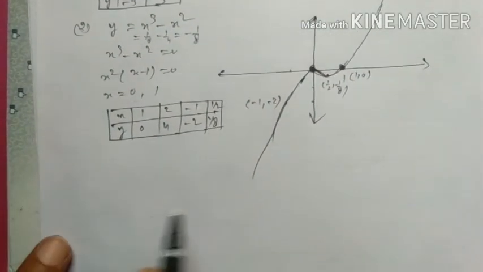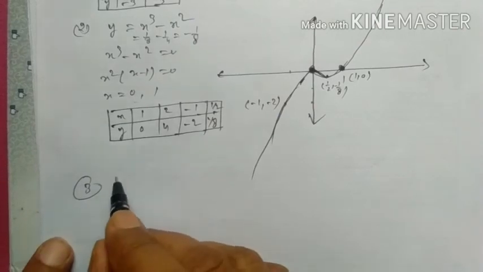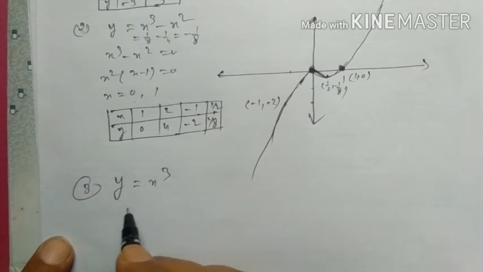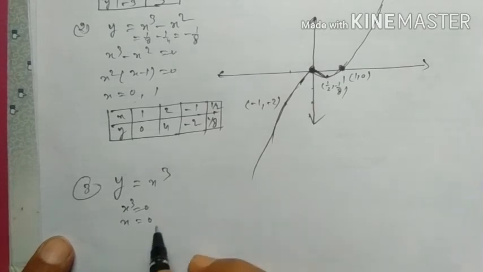Take a third example. Suppose the polynomial y equals x cube, then let x cube equal 0, then x equals 0. There will be x equal to 0, x equal to 0, x equal to 0, 3 roots, but there will be only 1 zero.